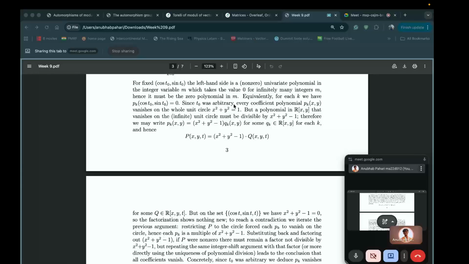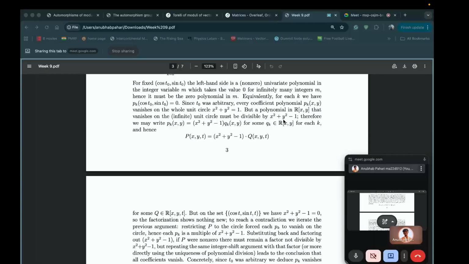Since t_0 was arbitrary, every coefficient polynomial p_k(x, y) vanishes on the whole unit circle x squared plus y squared equals 1. But a polynomial in R[x, y] that vanishes on the unit circle must be divisible by x squared plus y squared minus 1.